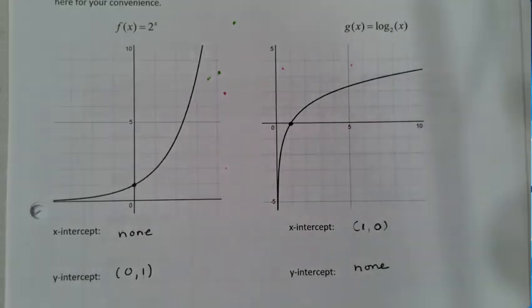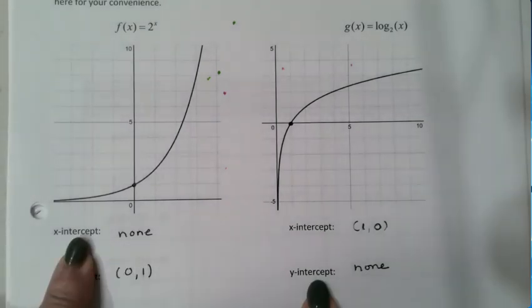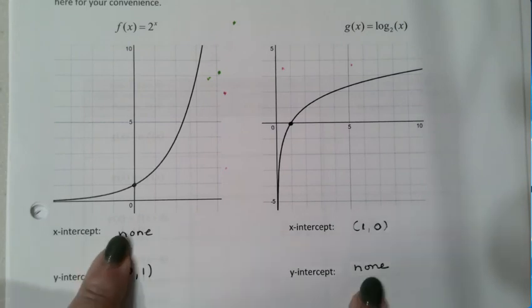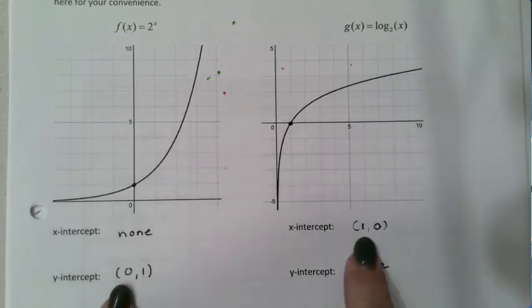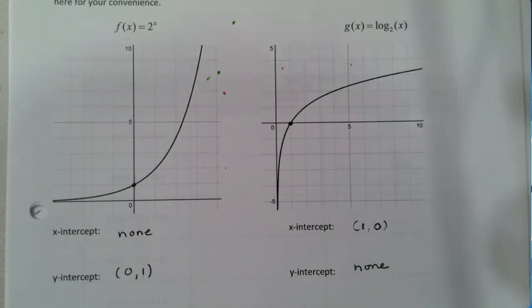So notice how we're seeing that relationship between x and y for inverse functions again, right? No x-intercepts for the function, no y-intercepts for the inverse. The x-intercept and the y-intercept here just show that reversal of x and y. So very typical of inverses.